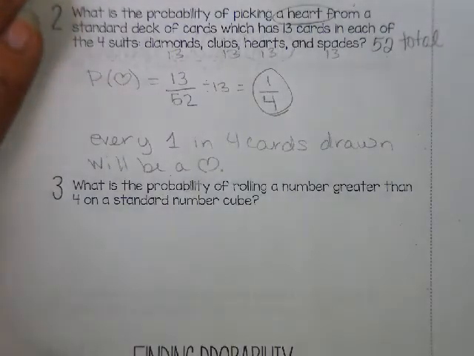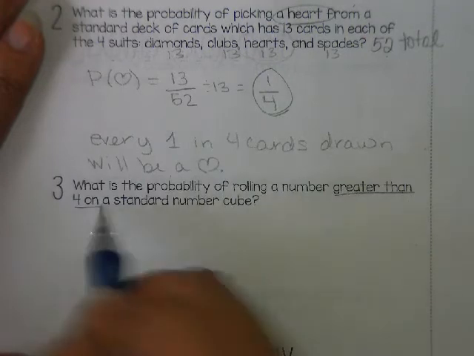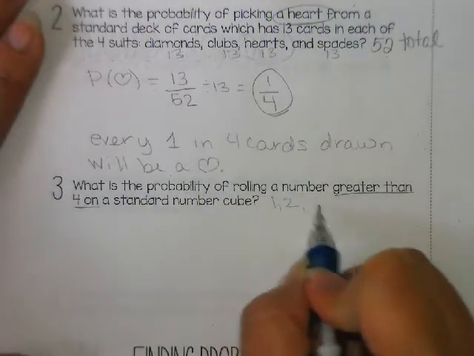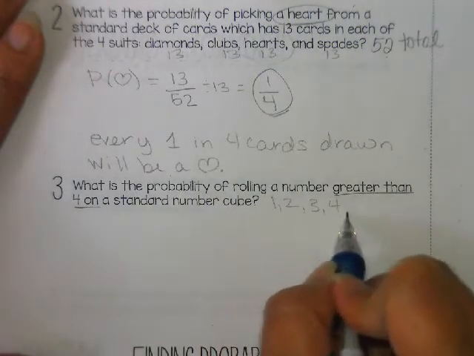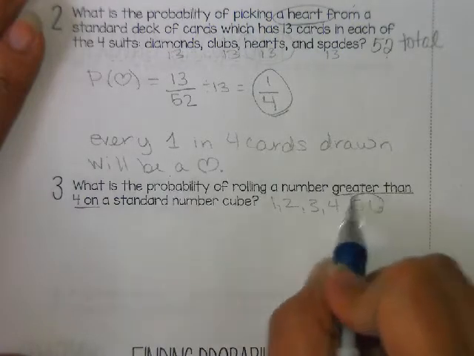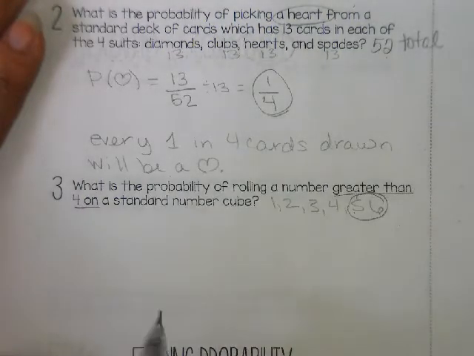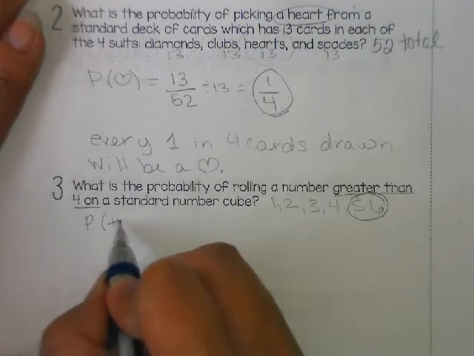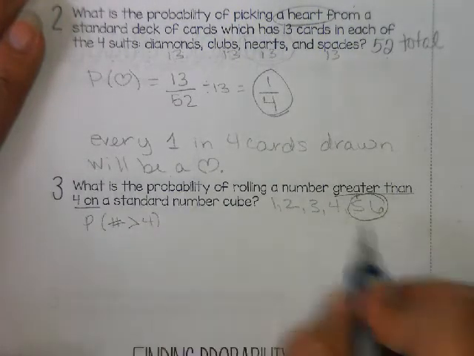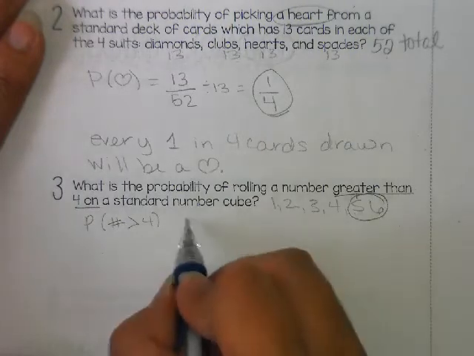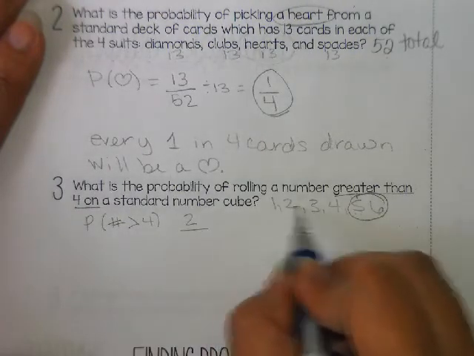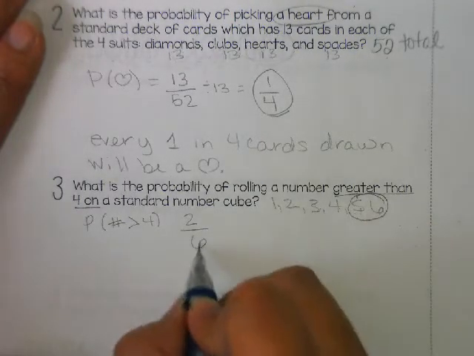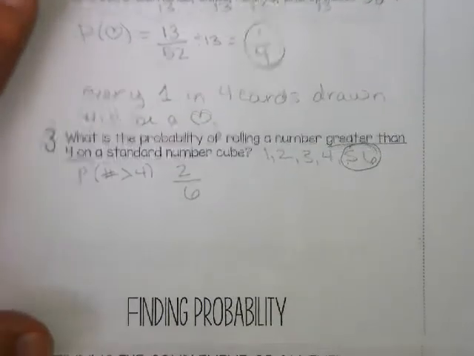Okay. What is the probability of rolling a number greater than 4 on a standard number cube? Remember, a standard number cube has 1, 2, 3, 4, 5, and 6. So greater than 4 is just going to be 5 and 6. The probability of a number greater than 4: we have 2 possible outcomes out of 6 possible total outcomes.